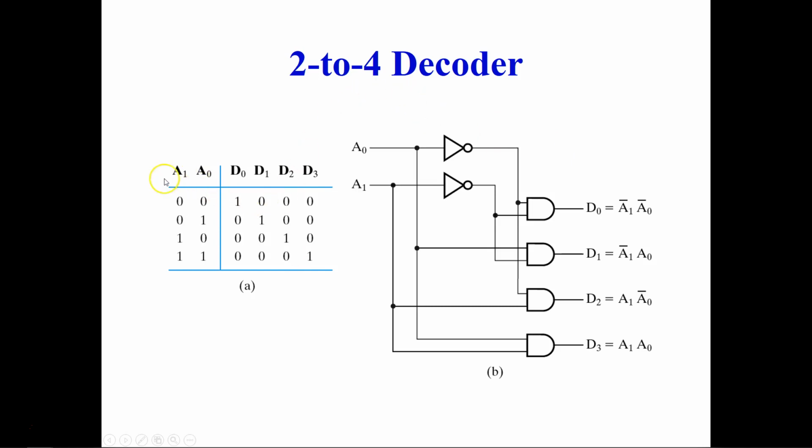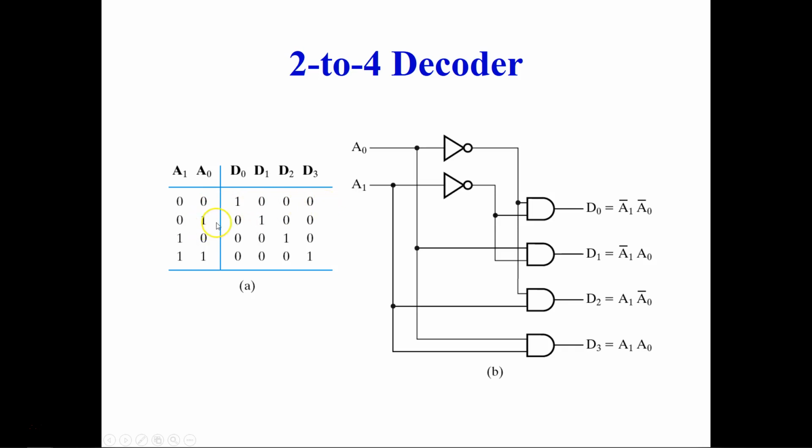Here you see these are your inputs A1 and A0. These are the two inputs, and then D0, D1, D2, and D3 are your outputs. These are the 4 different combinations the input can have as BCD. When A1 and A0 are both 0, then D0 will be activated and the rest of them will be deactivated.